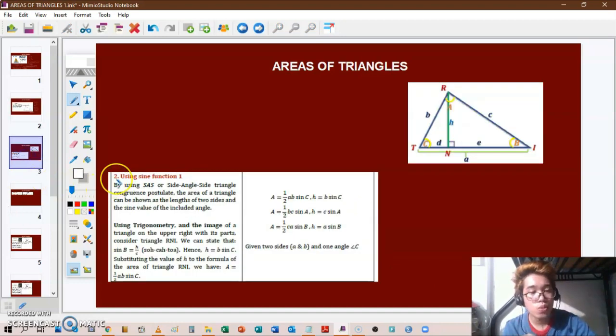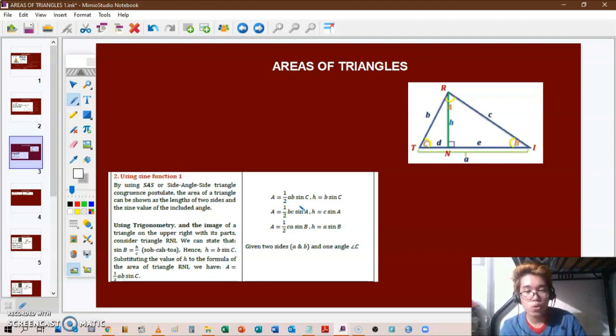This is a typically more advanced formula, where we use the sine function. When we see the sine function, trigonometry automatically comes to mind. For this one, yes, there's going to be a bit of trigonometry, but we're just using the sine function as a way to express the angle measurement given to us.